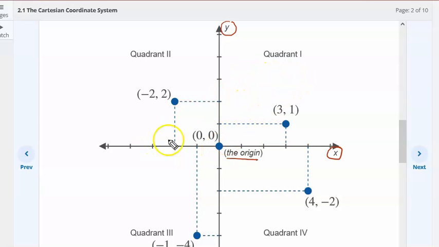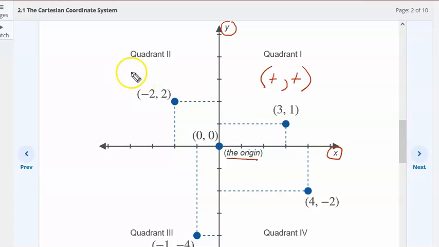When you have two lines crossing like this, they divide the plane into 4 regions, which are called quadrants. Here is the first quadrant, and they use Roman numerals, the second quadrant, third quadrant, and fourth quadrant. You'll note that in the first quadrant, x is positive and y is positive.